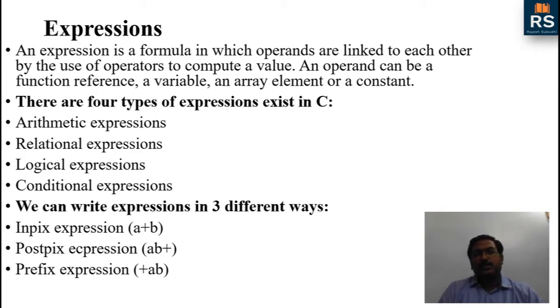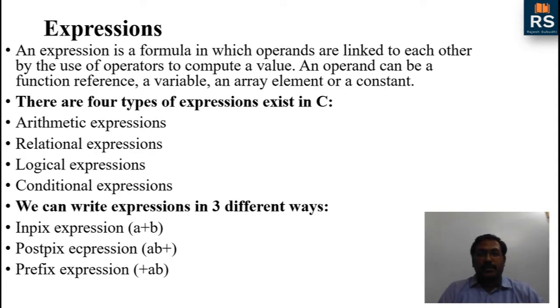Now at last, in C you can write an expression in three different ways: infix, postfix, and prefix. In infix, the operator will stand in between the operands. Example, A plus B is an infix expression.